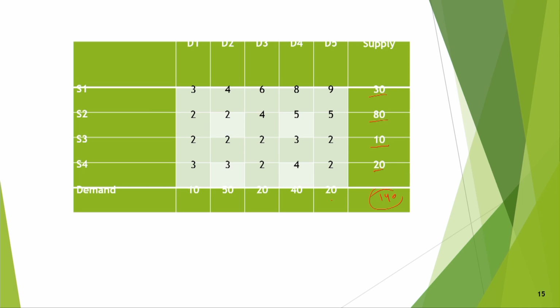And now the cost of transportation S1 to D1 is 3. You can say 3 rupees. Actually it may be 3000, it may be 3 lakh, whatever it is. But as I said, I am trying to avoid the bigger numbers. This is 322. So whatever cost will come, suppose the total cost comes to 10, and if these values are in thousands, then 3 means 3000, and if the total answer is 10, that means 10,000.